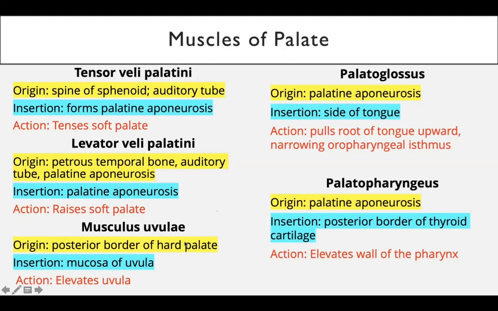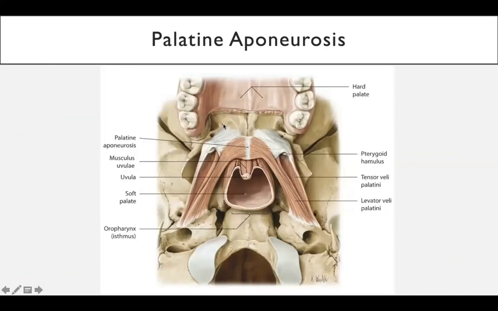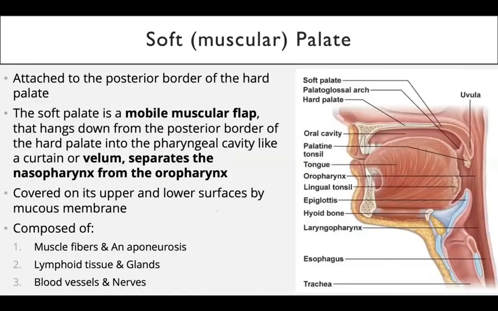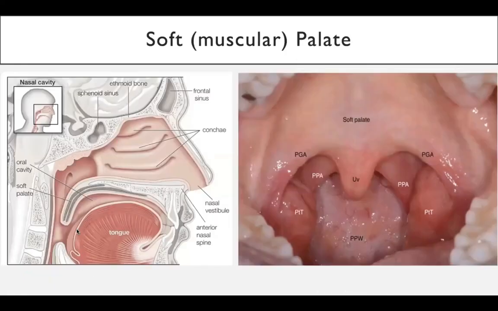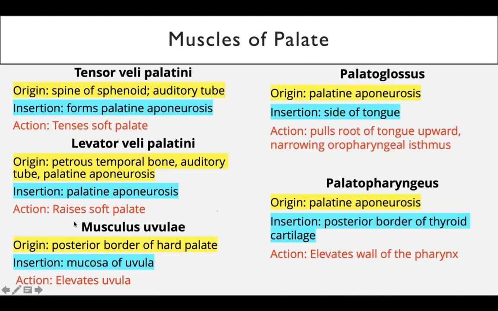Which muscle is present in the soft palate? Musculus uvulae, right? And then the insertion is in the mucosa of the uvula. As we know, it goes all the way from the hard palate into the uvula. There are two muscles here, and one of them is musculus uvulae. And it elevates the uvula.